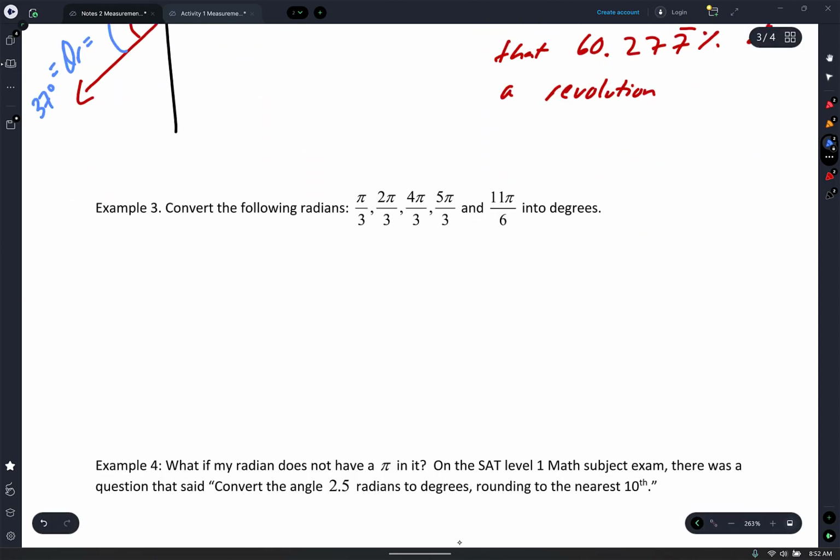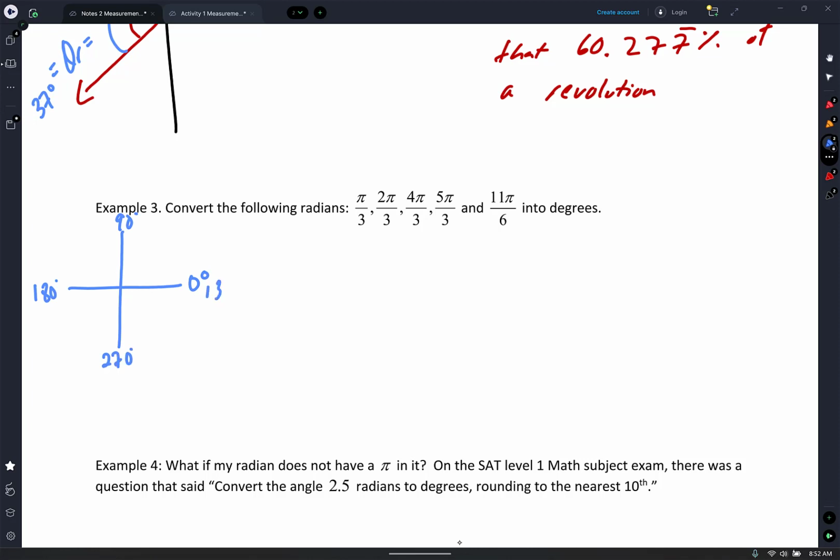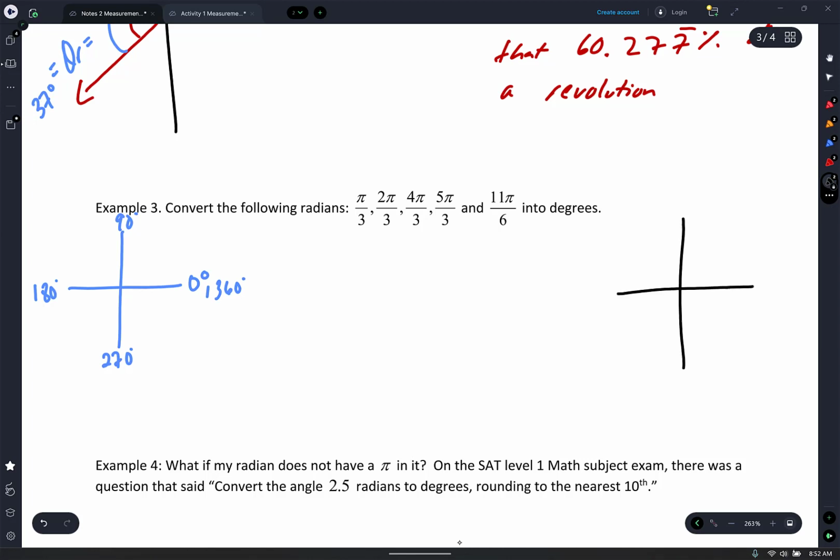All right. So here we go, guys. So let's do a quick little reference here. I'm going to do a grid, and I'm going to call this degrees: 0, 90, 180, 270, and then 360. And then I'm going to do another grid over here, and I'm going to call this radians. So 0, pi over 2, pi, 3 pi over 2, 2 pi. Okay, so catch up.